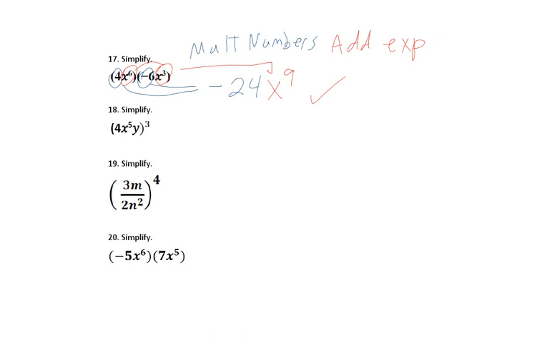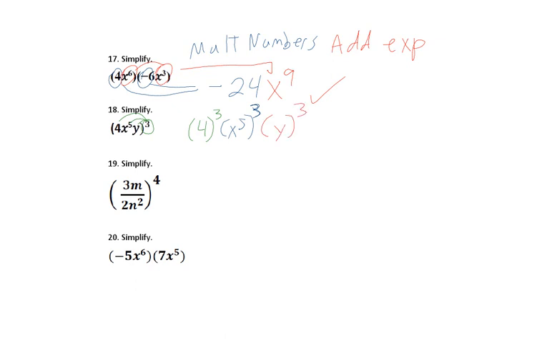For 18, notice the exponent 3 outside. That 3 will distribute to every single term. So it's going to become 4 exponent 3, x^5 exponent 3, and then y exponent 3.